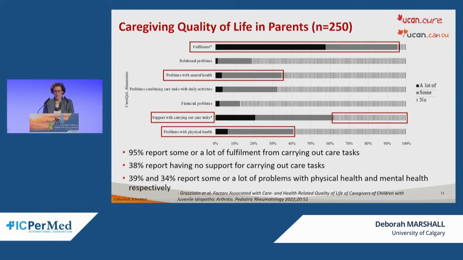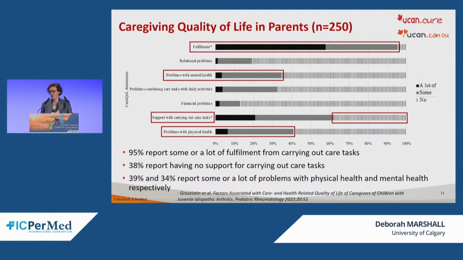This is an example, again, from our Understanding Childhood Arthritis study. And now I'm looking at the caregiver quality of life in parents. And yes, you can see that at the top, there are positive things about looking after a child with arthritis. There's fulfillment effects, okay? But 38%, 39%, 34%, so about a third of this sample report having no support for their caregiving tasks.